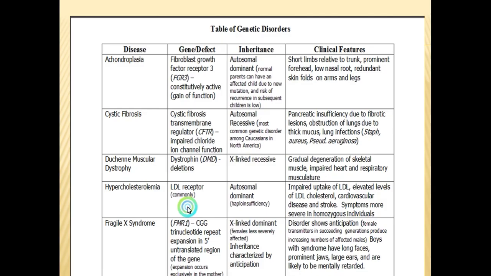Now this is a table of genetic disorders. It includes the name of the disease, the defective gene, and how it is inherited, that is, whether it is autosomal dominant or autosomal recessive. All these things are given, and apart from that clinical features are also given.